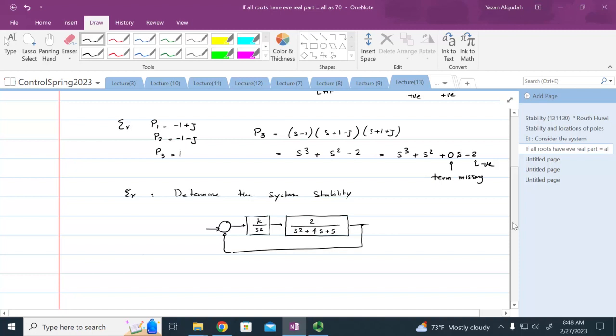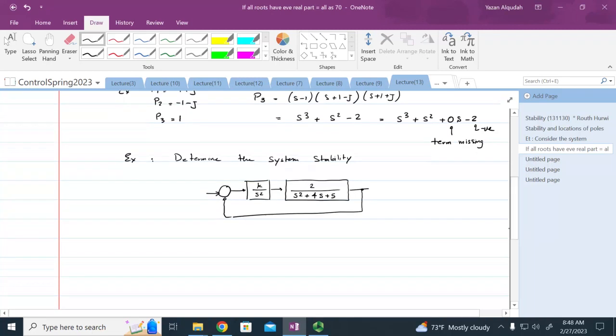To determine the stability, we're going to calculate the closed loop transfer function and calculate the characteristic equation, which is going to be the denominator of the transfer function. And that is going to equal s to the 4 plus 4 s cubed plus 5 s squared plus 2k.